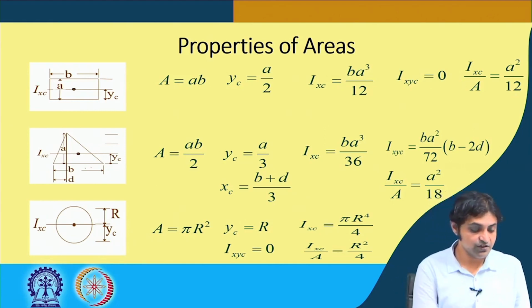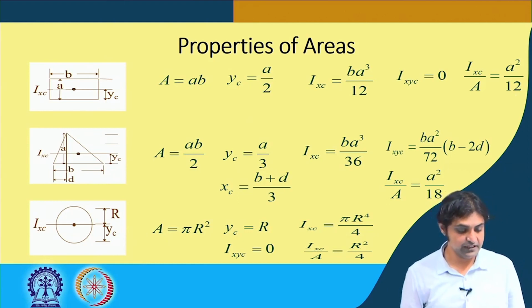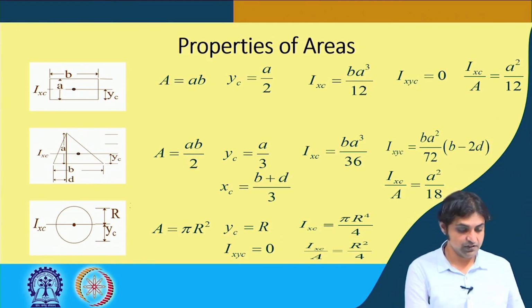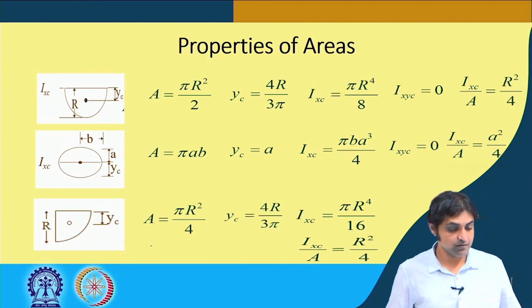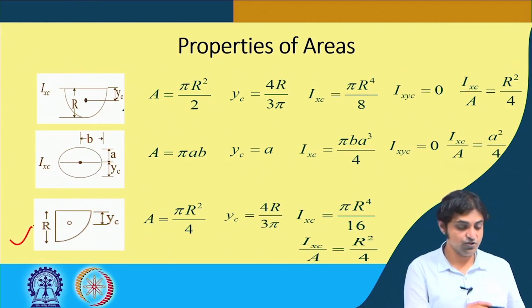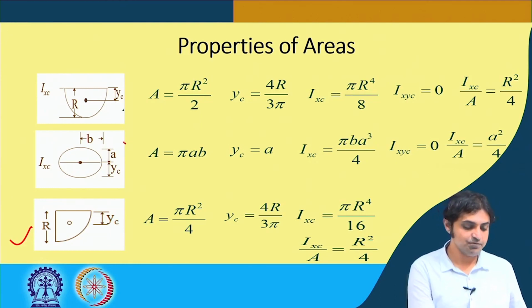Similarly for this isosceles triangle, and this is for the circle. I think you can note it down. These figures are quite important. The circle, for example, even objects like this, because in hydraulics you will encounter structures having this type of gate. Ellipse is also important.